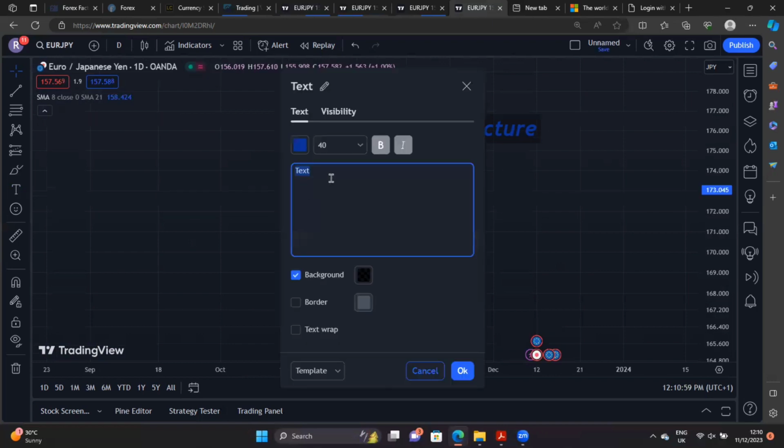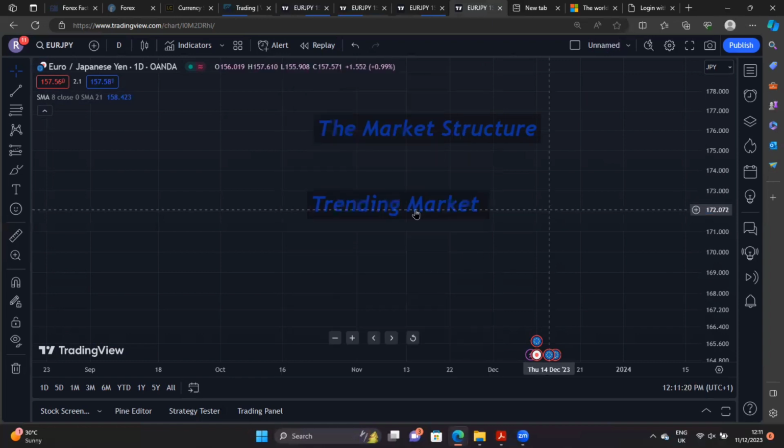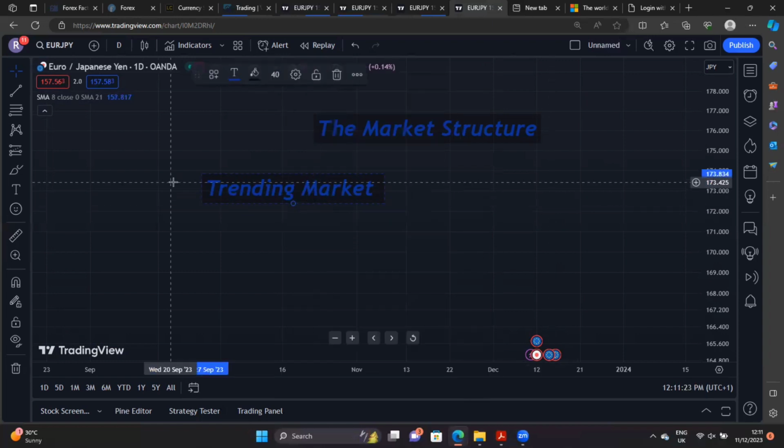I'm putting it on the screen. You should put this particular concept down on your jotter or your note, or whatever you use to take note. The trending market. This is a part of the market structure.